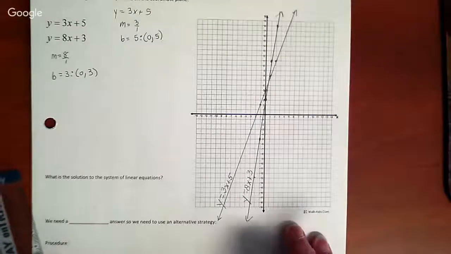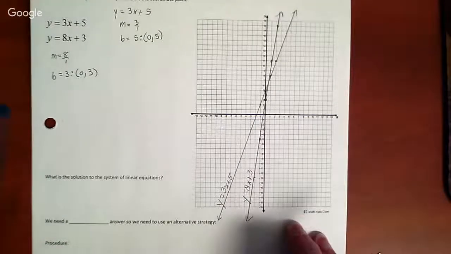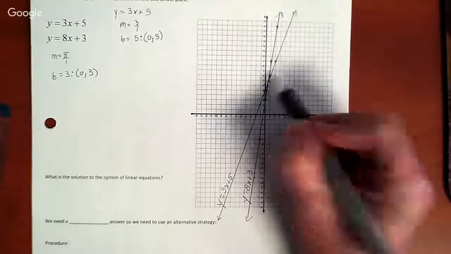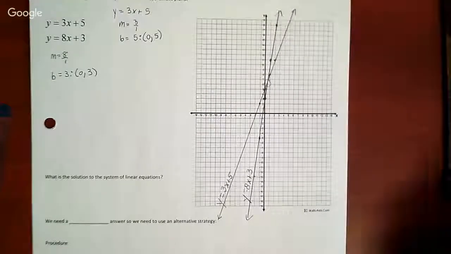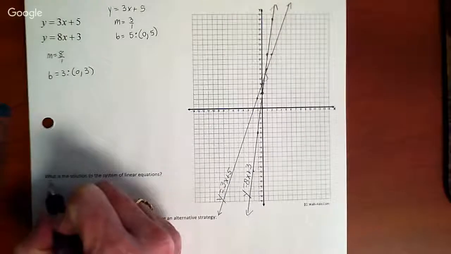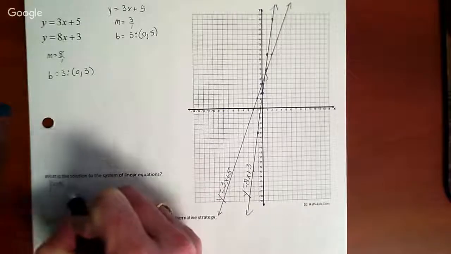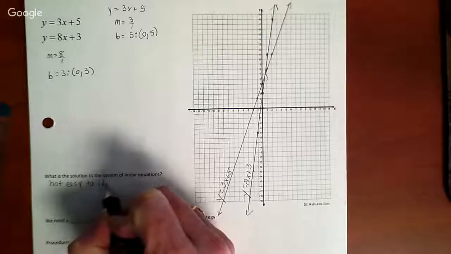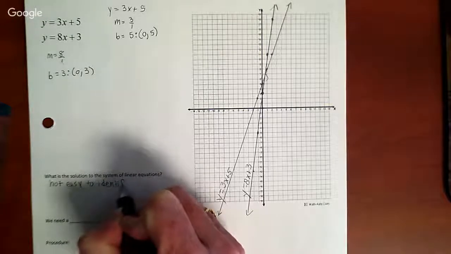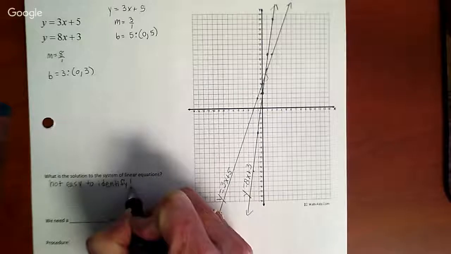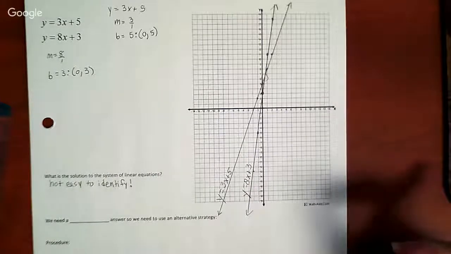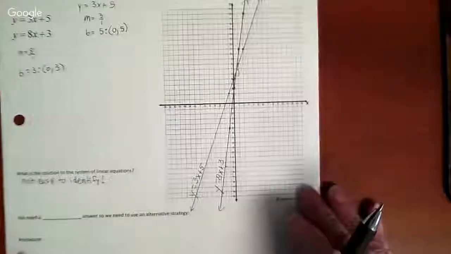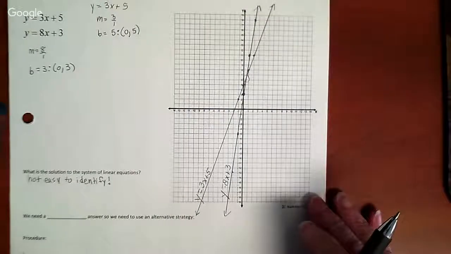Okay, it says, what is the solution to the system of linear equations? Well, if we look at this, here's where it crosses. But it's a little bit difficult, and it's not easy to identify. It's not as easy as we have been looking at with just whole numbers, because in this case, these are not whole number answers.